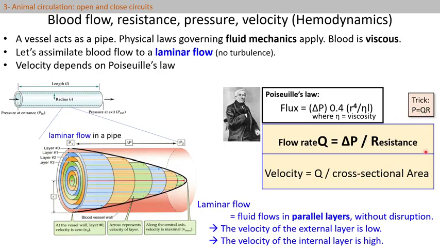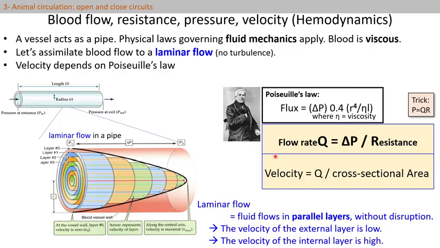So if I ask a little question about that, you can always say, okay, PQR, and then you know that the pressure equals the flow rate multiplied by the resistance, and you can find each other. So what that means is that flow rate depends on pressure, so higher pressure, more flow, higher resistance, of course, less flow.